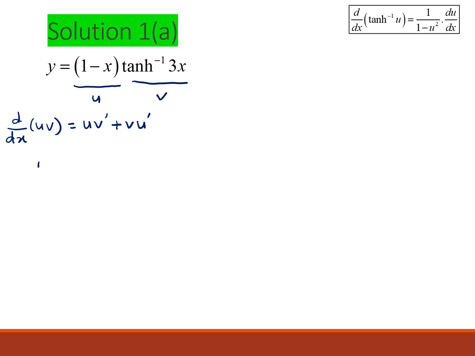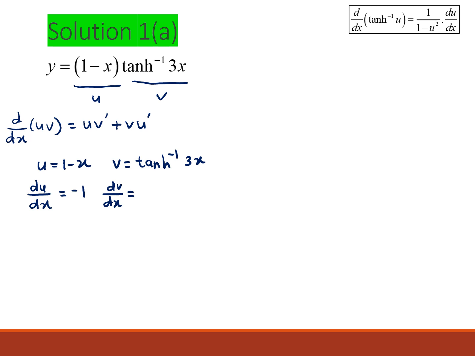We have here u equals 1 minus x, and du over dx will be -1, and v equals the inverse of tangent hyperbolic of 3x. Therefore dv over dx is equal to, so first we have to differentiate the outside function, which is inverse tangent hyperbolic.